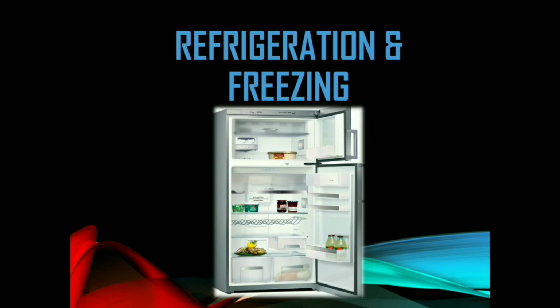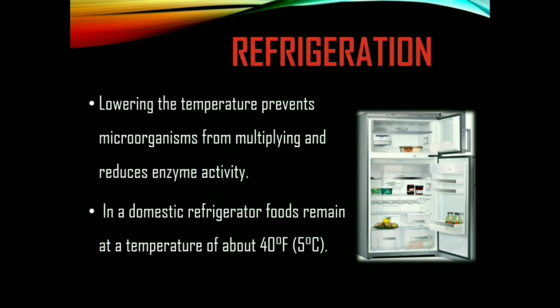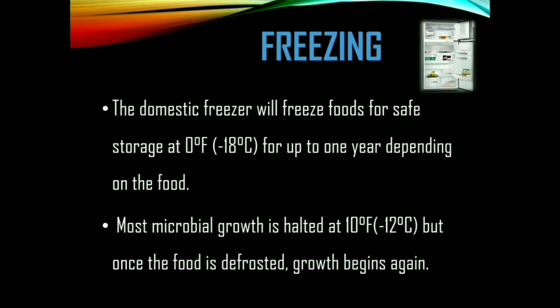Now, the next method of preservation is refrigeration and freezing. Lowering the temperature prevents microorganisms from multiplying and reduces enzyme activity. In a domestic refrigerator, foods remain at a temperature of about 40 degrees Fahrenheit or 5 degrees Celsius. Freezing.